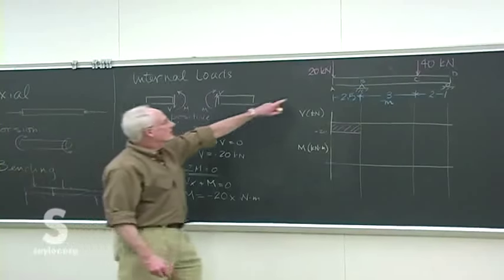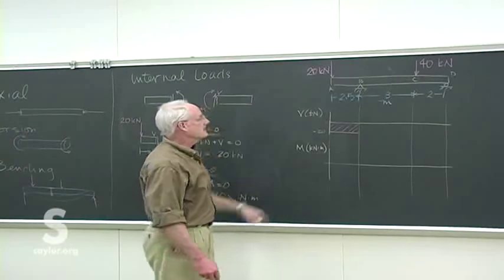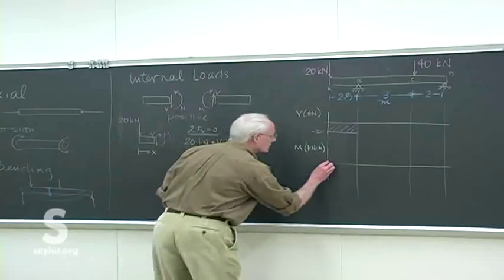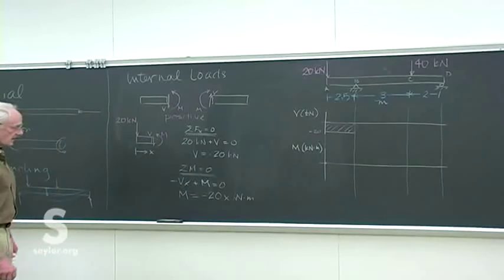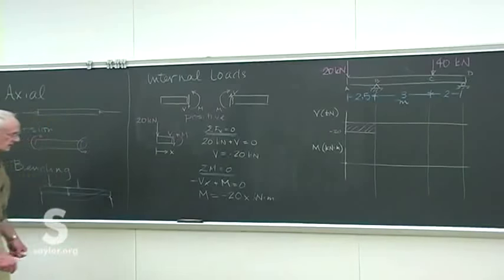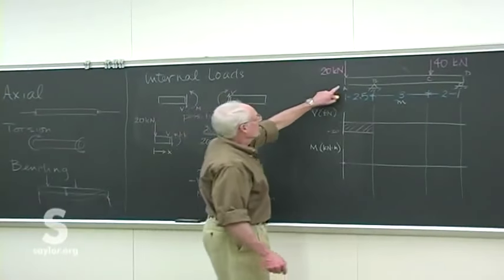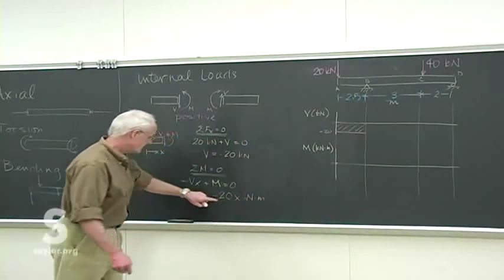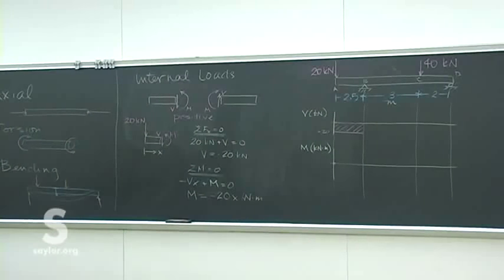It starts at 0 because this is just a free end. A free end never has any moment in it internally. So it starts at 0 and then goes down at a slope of -20 to a value of, when x is 2.5, 2.5 times 20 is 50.